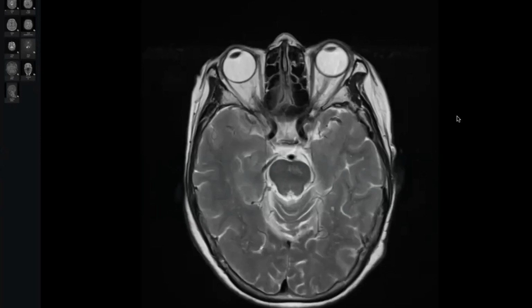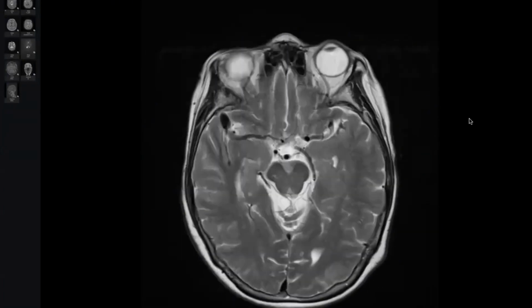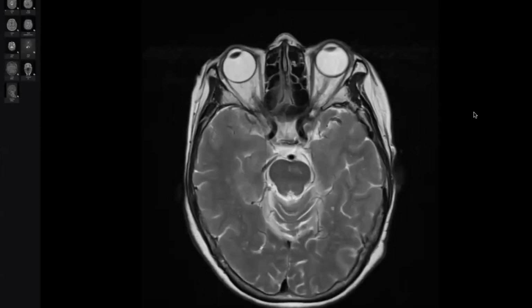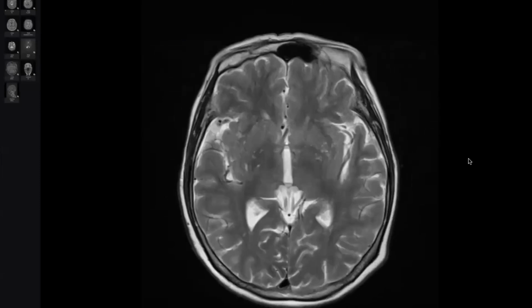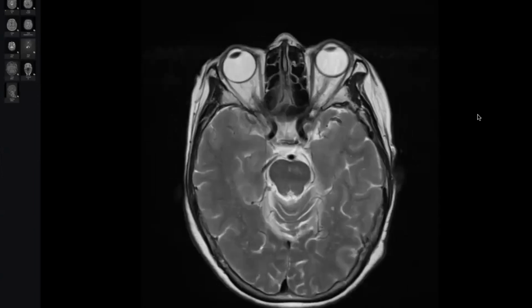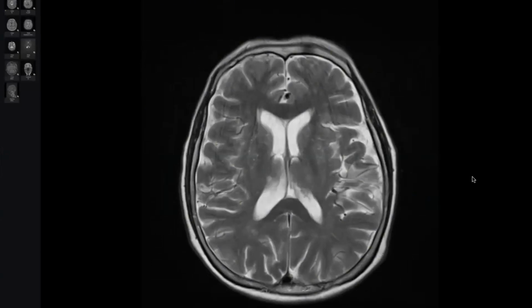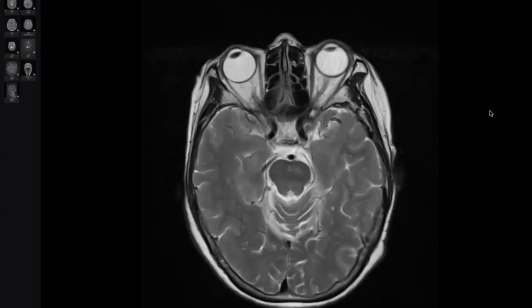There is no evidence of hemorrhage in the distant brain parenchyma. Are you sure? This is the best sequence for detecting or excluding the hemorrhage in MRI? No, I should check in the susceptibility weighted image.